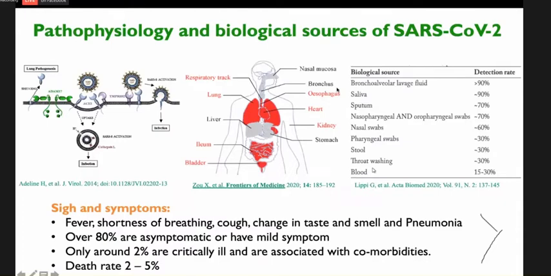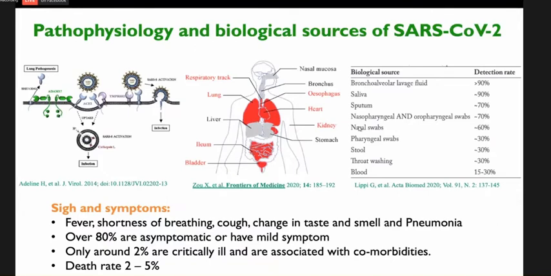This table summarizes some biological sources where the virus can be detected, with estimated rates of detection. Generally, lower respiratory tract samples like bronchoalveolar lavage and sputum have higher rates of detection. Samples from the upper respiratory tract, like nasopharyngeal or oropharyngeal, generally have over 70% detection rates.